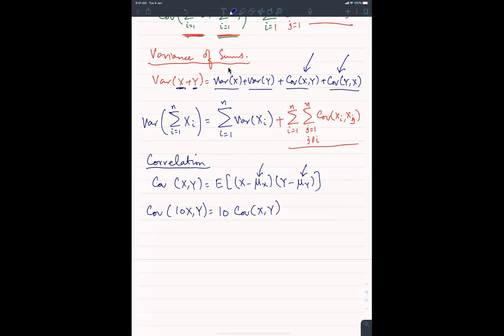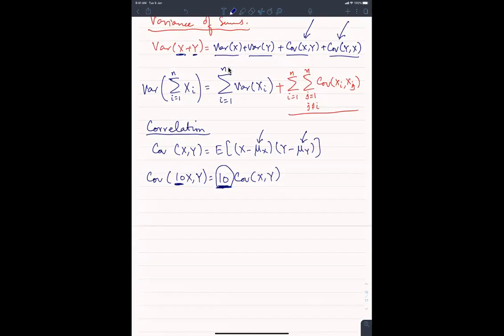But I don't want that. I don't want constants coming in between to make the range of the covariance undefined. The covariance can be very large; if instead of 10 I write 1000, then 1000 will appear here too. So I don't want the covariance to be unbounded. In fact, covariance will be unbounded, but I can define correlation, which is a normalized version of covariance.